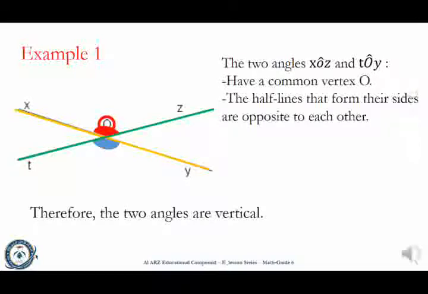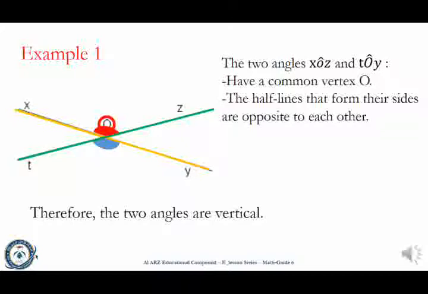Example 1. In this figure, the two angles XOZ and TOY have a common vertex O. And what are the sides of these angles? What are the sides of XOZ? OX and OZ. And what are the sides of TOY? OT and OY.